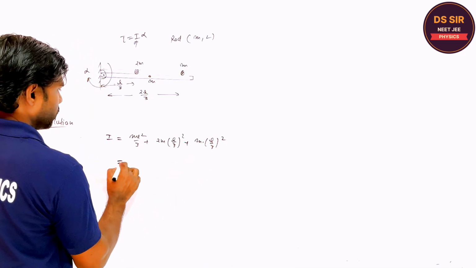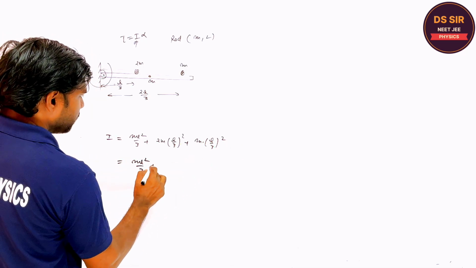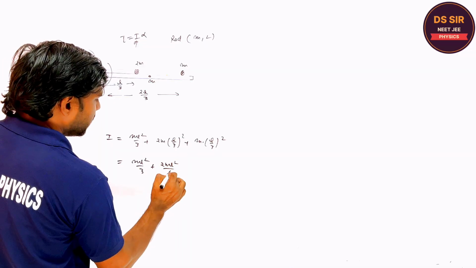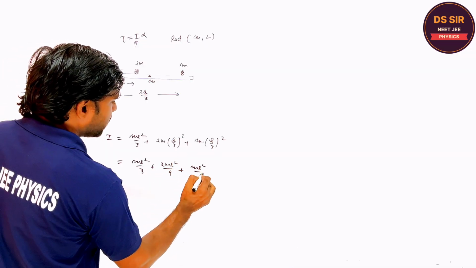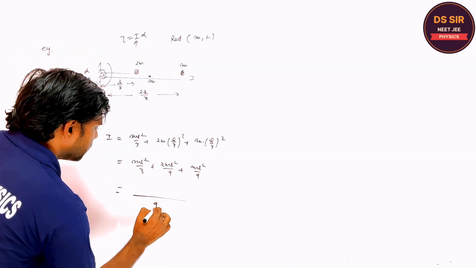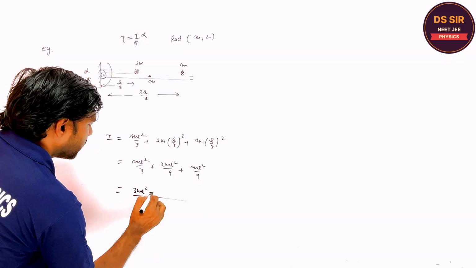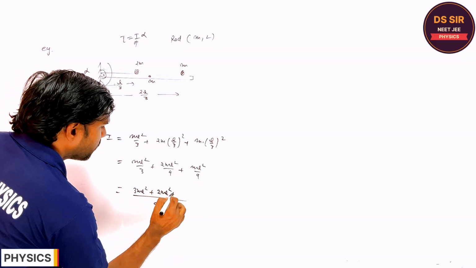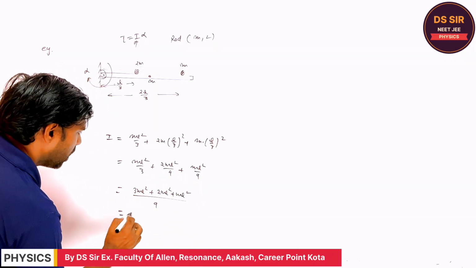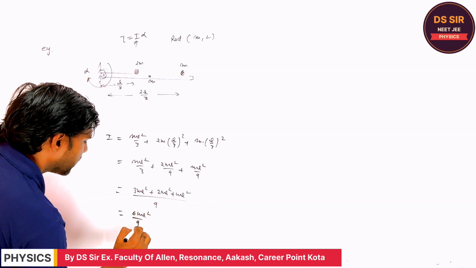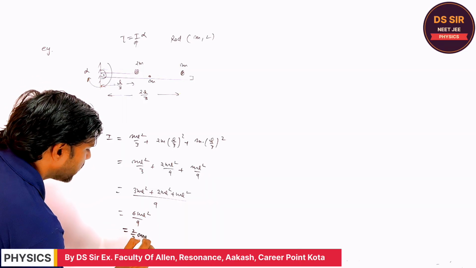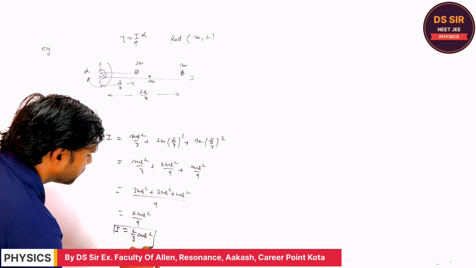So this is ML square by 3 plus 2ML square by 9 plus ML square by 9. LCM is 9, so this is 3ML square plus 2ML square plus ML square over 9. So 2 by 3 ML square is the moment of inertia. This is the first thing.